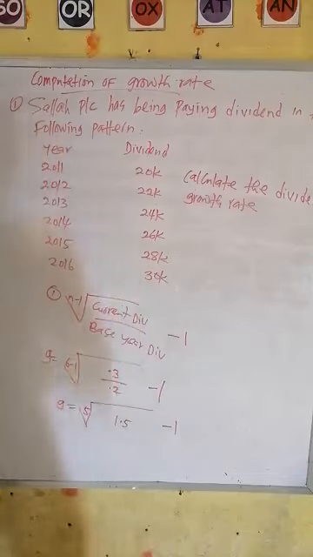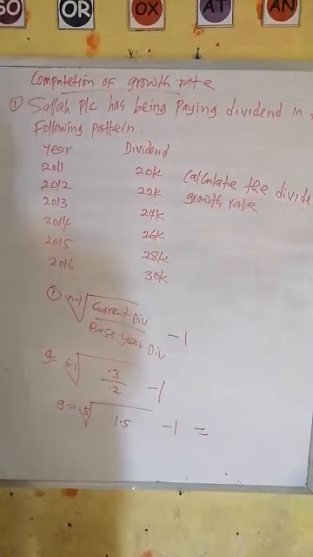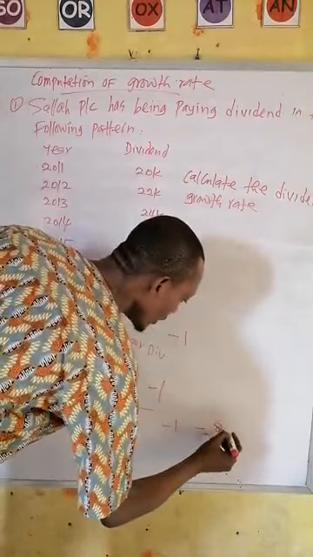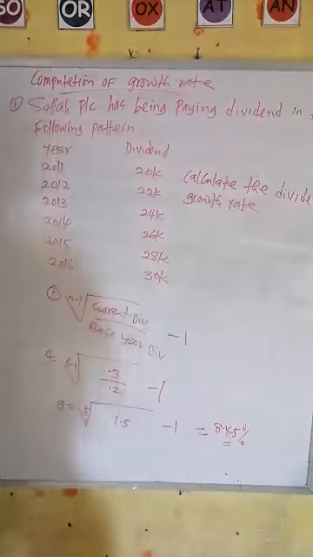But in the long run, the answer we will be having here, let me press my calculator, is 8.45%.